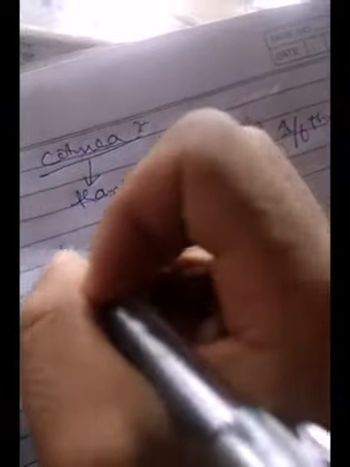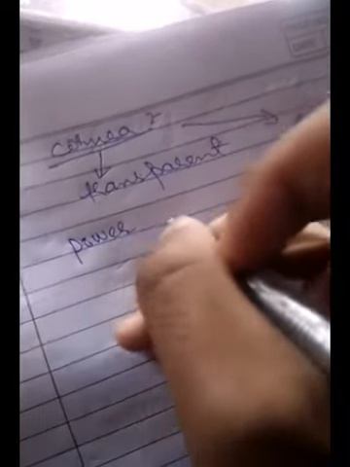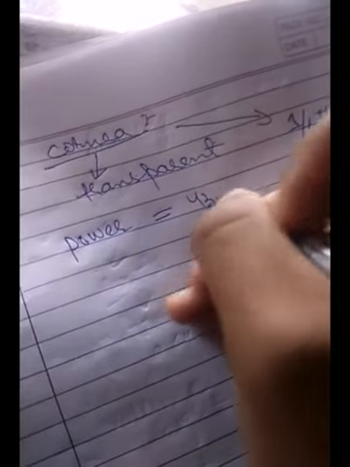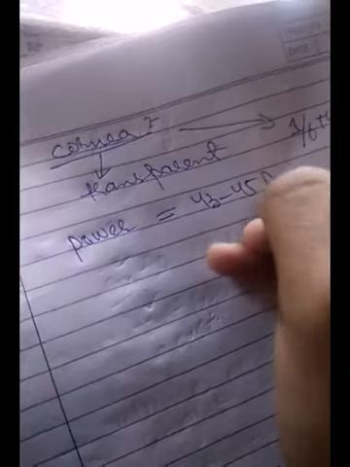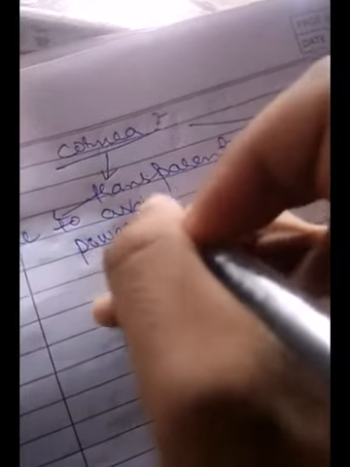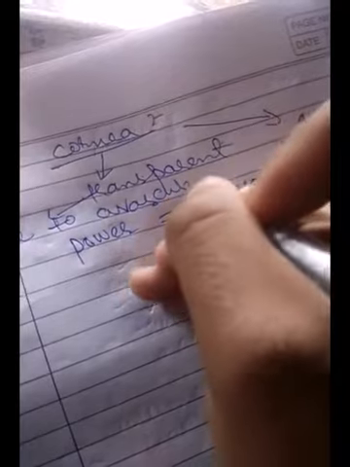The power of the cornea is 43 to 45 diopter. Why is it transparent? Due to avascularity, because it has no vessels present.